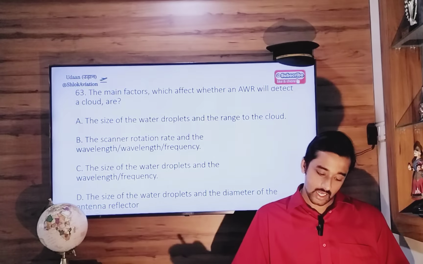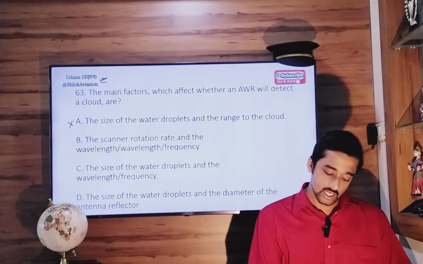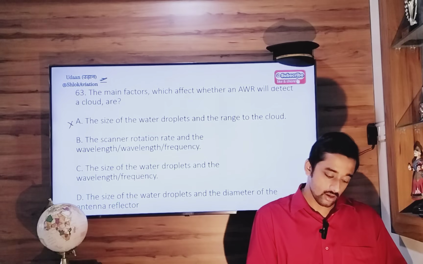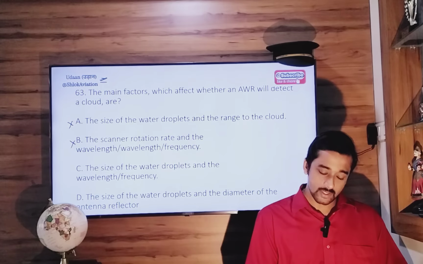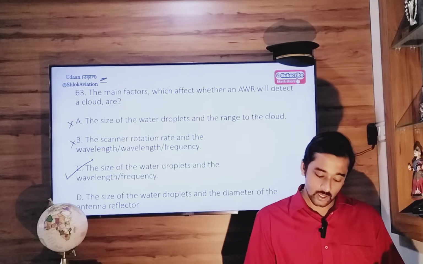So the correct answer here is: the size of the water droplets and range, wrong. The scanner rotation rate, wavelength and frequency, wrong. The size of water drops and wavelength frequency, yes. The size of water drops and diameter of antenna, wrong.